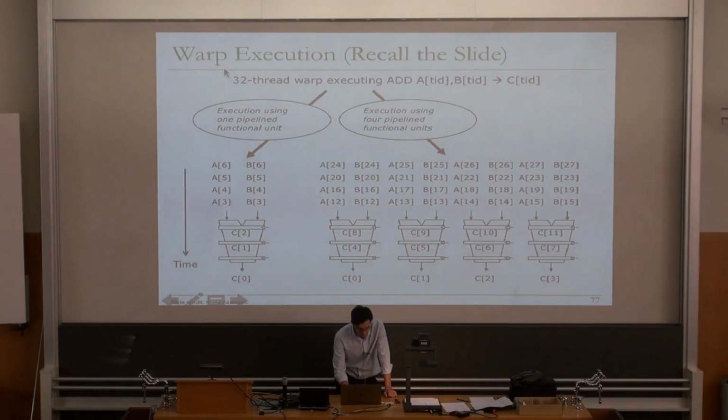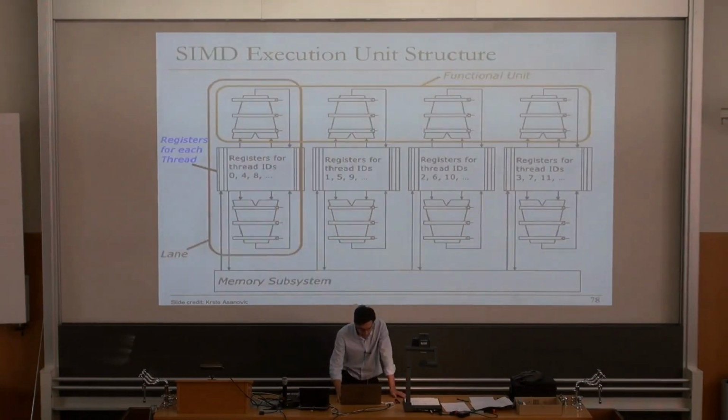Instead of a vector add, this is a 32-thread warp instruction. And instead of vector units, with the same picture we can talk about SIMD execution units and vector lanes in the GPU.